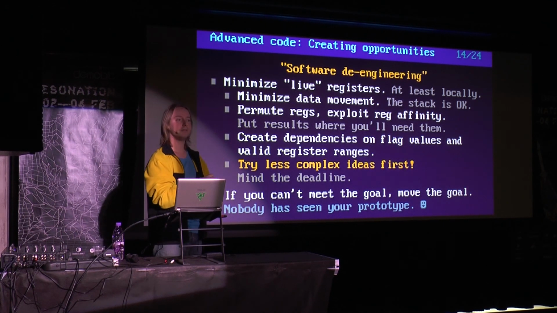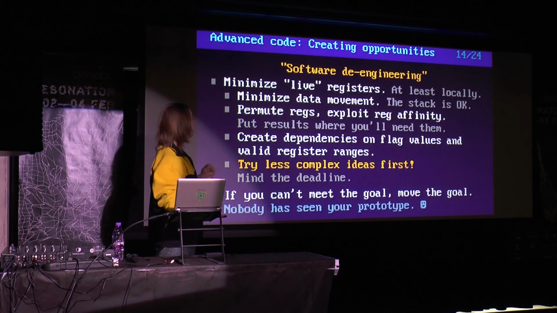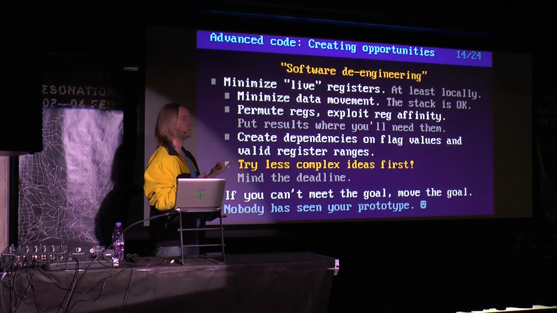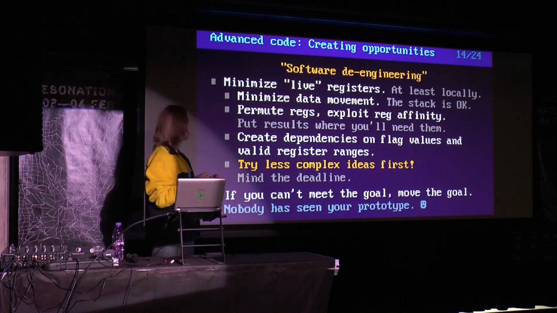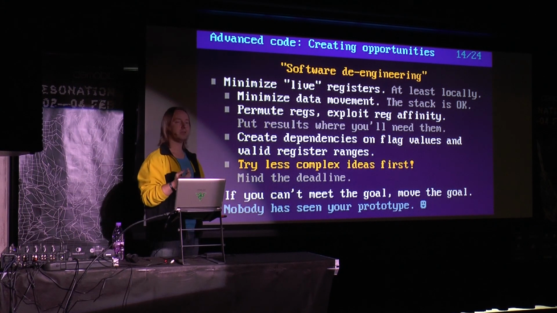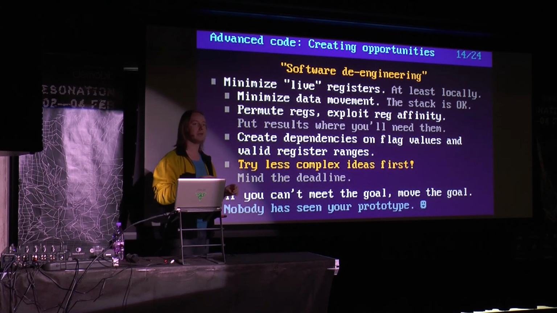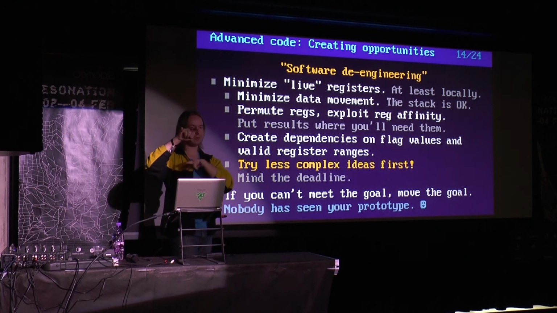So in this stage, I'm trying to permute registers and trying to exploit all the instructions that depend on which register you are using. Optimally, when you look at an optimized intro, there is almost no data movement. You always compute something in the place where you will later load it, and in the meantime, nothing disturbs it.